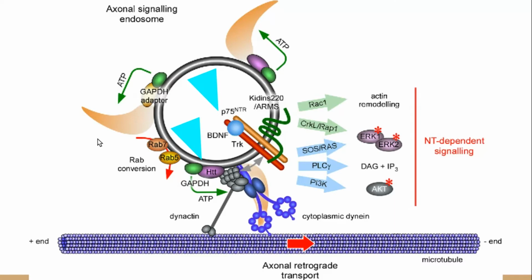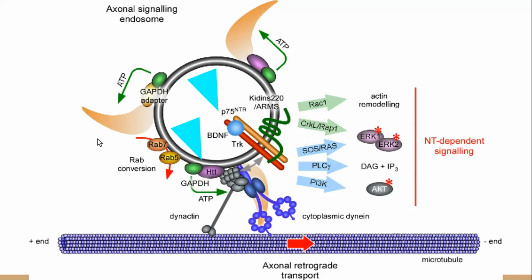Preventing TRKB BDNF endocytosis almost completely blocks the benefit of BDNF to neurons. So let me say that again. It's really amazing. Preventing TRKB BDNF endocytosis almost completely blocks the benefit of BDNF to neurons.